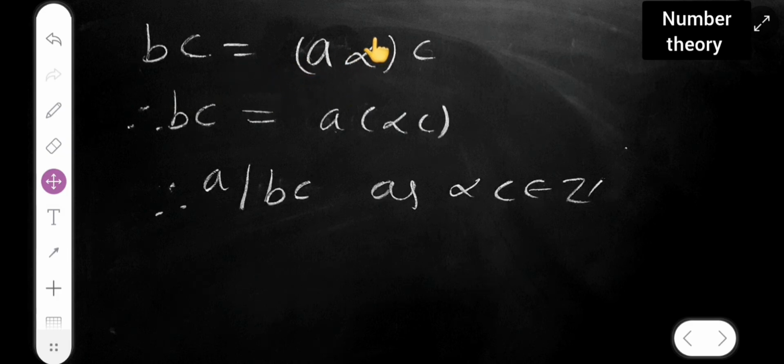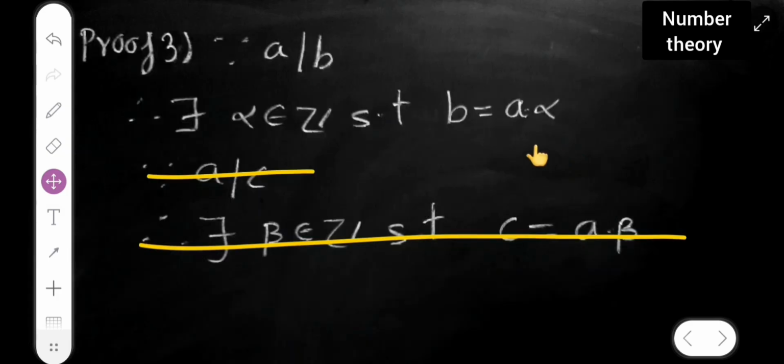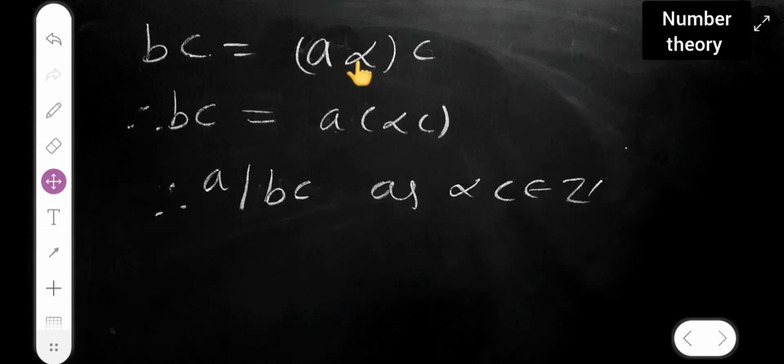Plug the value of b over here, that is a alpha, into c, write it as it is. Therefore bc is equal to a, keep it outside, and take alpha c together. Therefore a divides bc, as alpha c belongs to integers. So this belongs to integers, okay. So we proved the third property, the third one also.